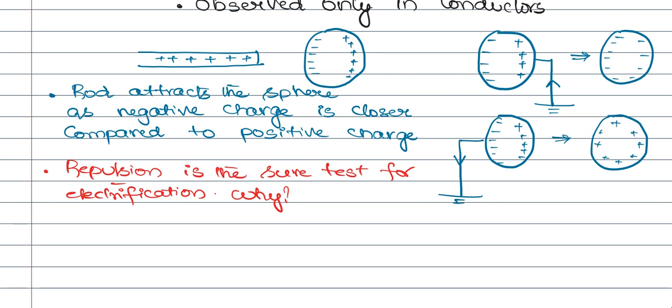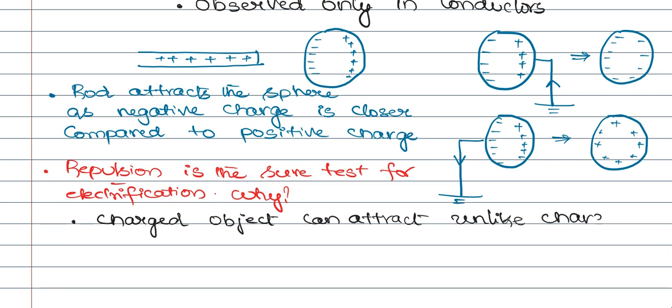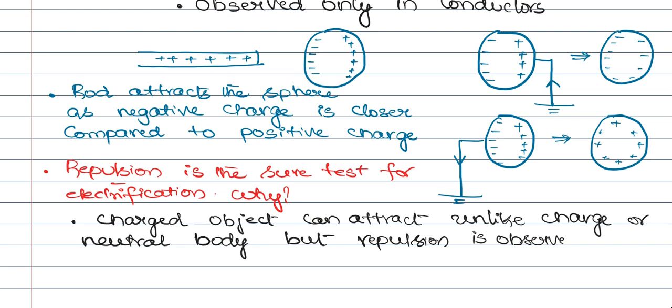The reason is this: a charged object can attract an unlike charge or a neutral body, but repulsion is observed only between like charges.